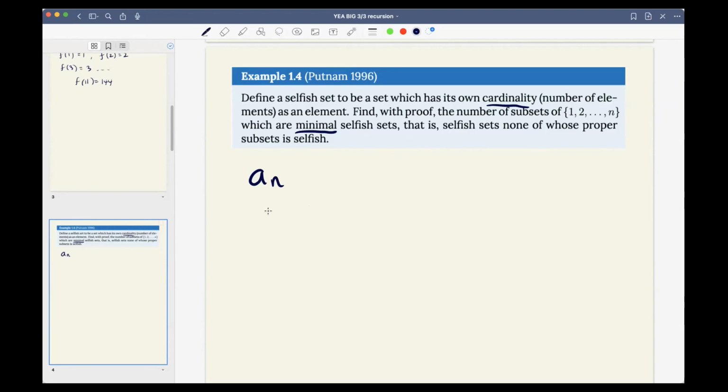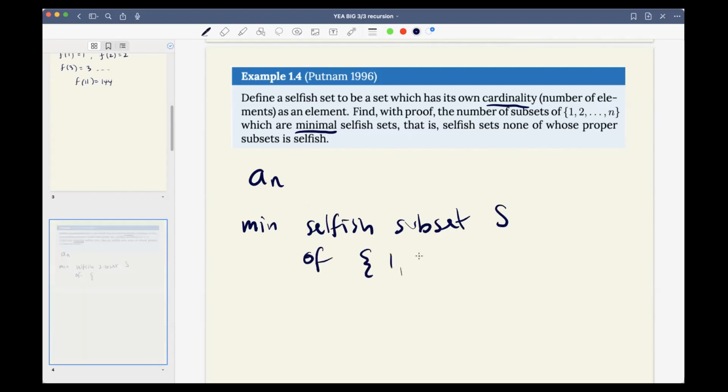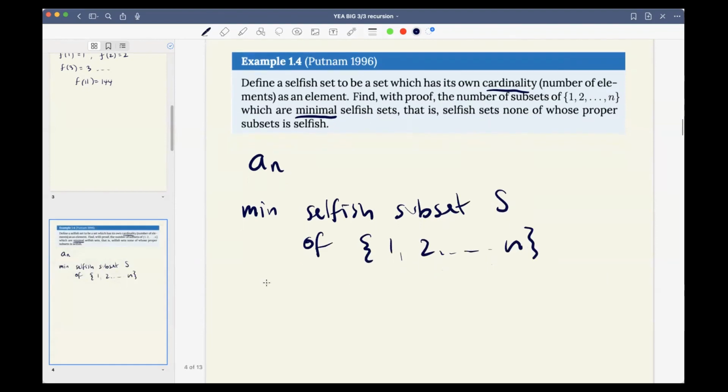So let's look at any minimal selfish subset S. And this is a subset of 1 to n. And then we can look at some cases, right?